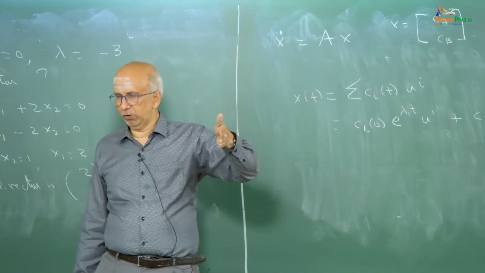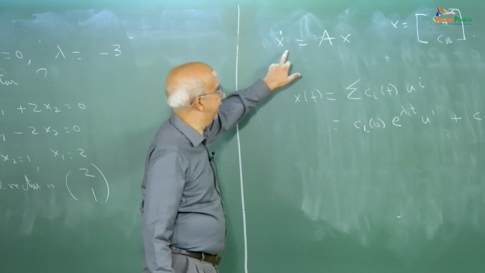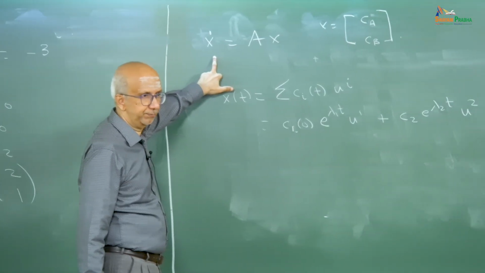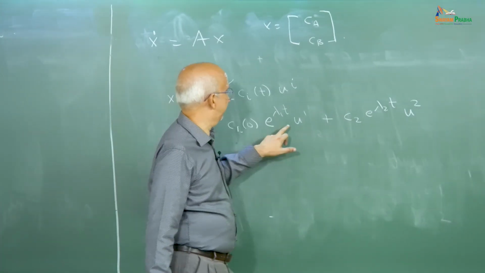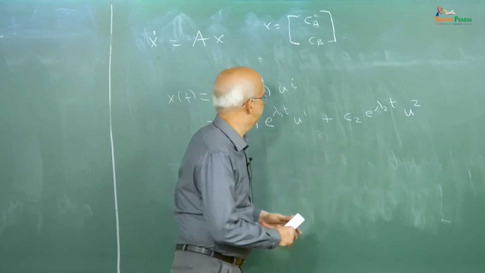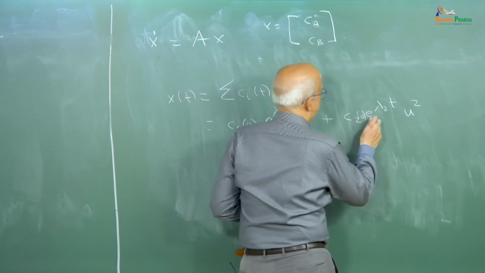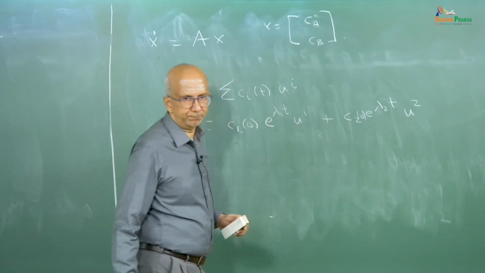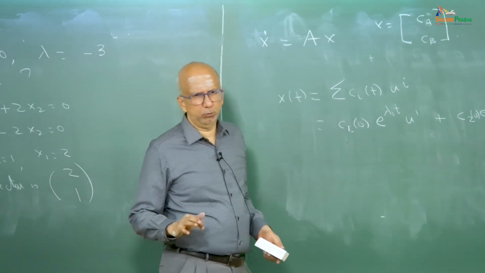If you go back to what we did, this is the solution for x dot equal to Ax: C1(0) e power lambda 1 t u1 plus C2(0) e power lambda 2 t u2. You have to calculate what is u1, u2, you have to calculate all of this.